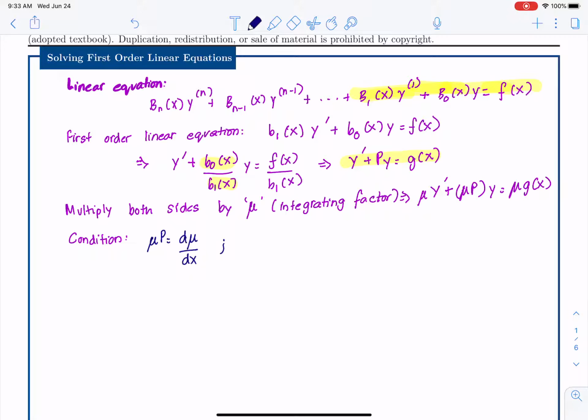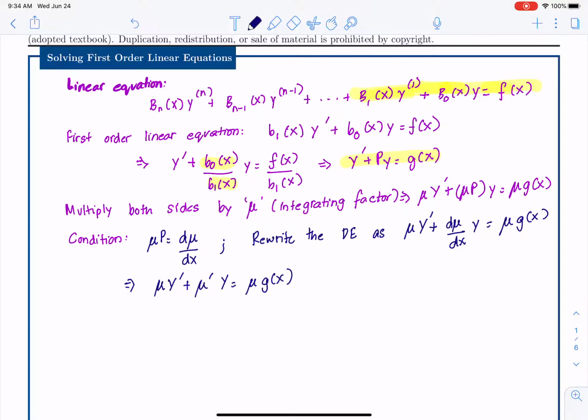If that is satisfied, I could rewrite the DE as mu y prime plus d mu over dx y equals mu times g of x, which would mean we have mu times y prime plus mu prime y equals mu times g of x.